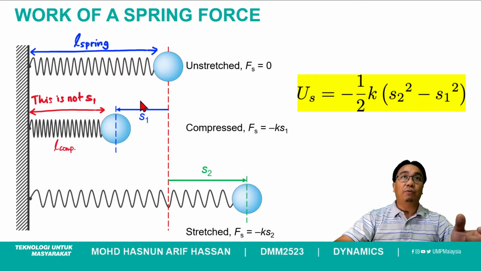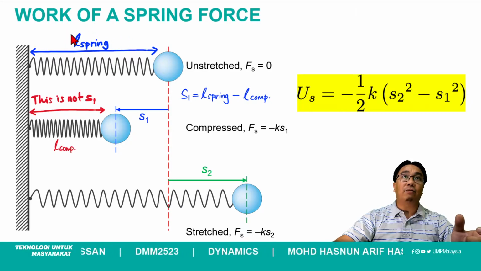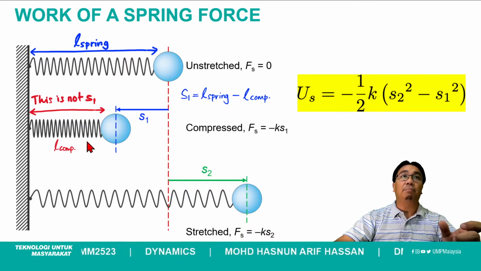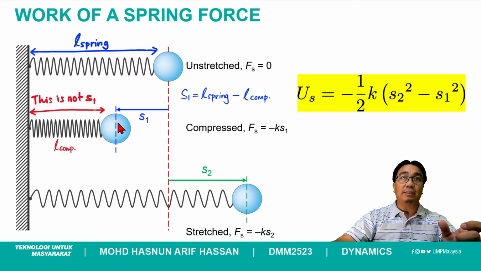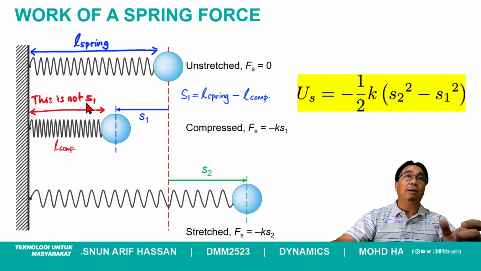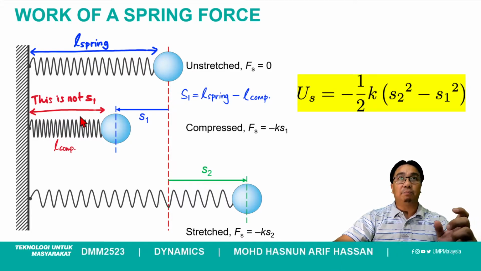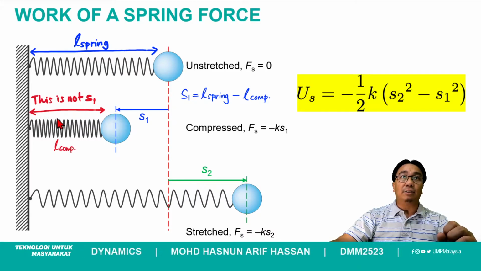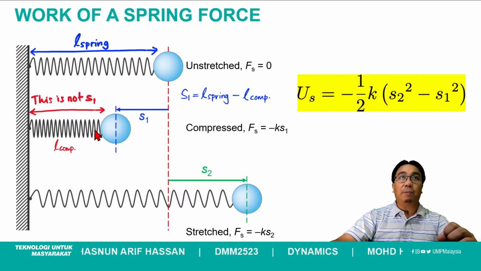So how to find S1 is basically the unstretched length of the spring, the natural length of the spring, minus the compressed length of the spring. What we want to find as S1 is the one at the front, not the spring part. Okay, so please bear in mind about this. This is not S1. S1 is the front part, not the spring length.